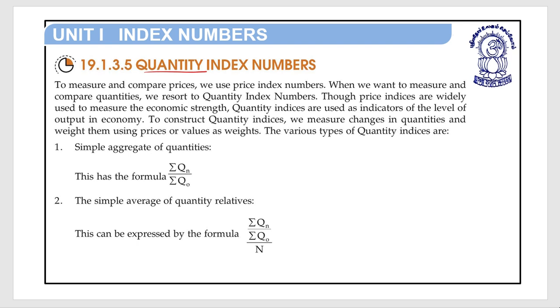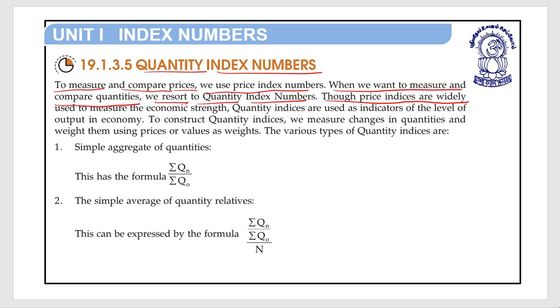Next topic is quantity index numbers. To measure and compare prices, we use price index numbers. When we want to measure and compare quantities, we resort to quantity index numbers.